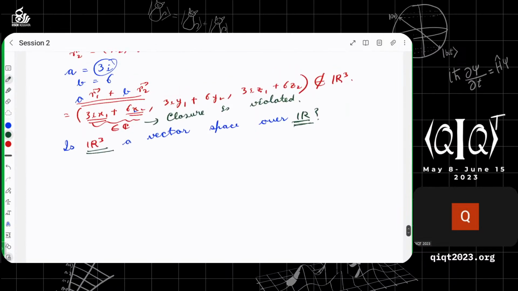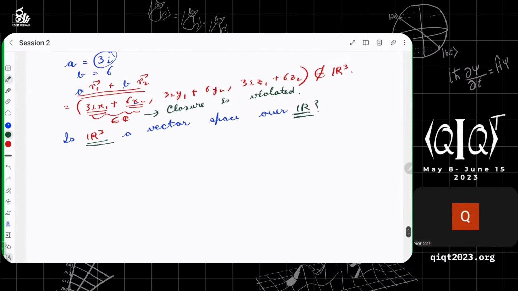Now, let's look at another question, which is: is R a vector space over R? So basically here the vector space is also the set of real numbers and the scalar is also a set of real numbers. So will this be a vector space?